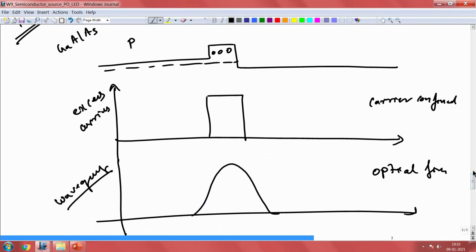So, with this discussion we have come to a basic understanding of how one could create a sandwich of stacks by using different material platforms, for example, a low band gap material and a high band gap material.